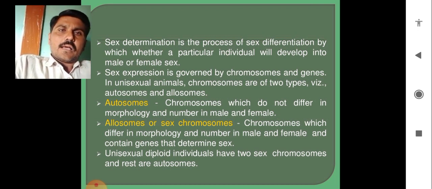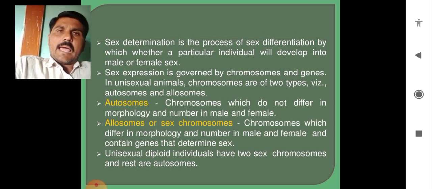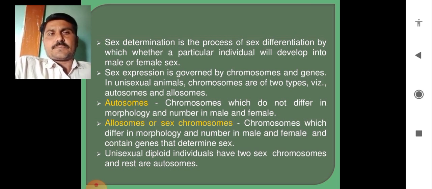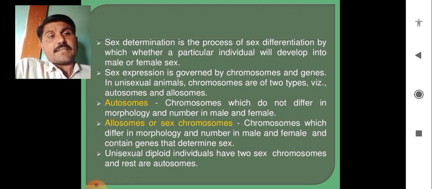What about the allosomes or sex chromosomes? Allosomes are also called sex chromosomes. These are chromosomes which differ in morphology and number in male and female and contain genes that determine the sex.